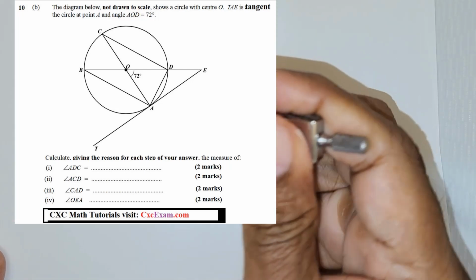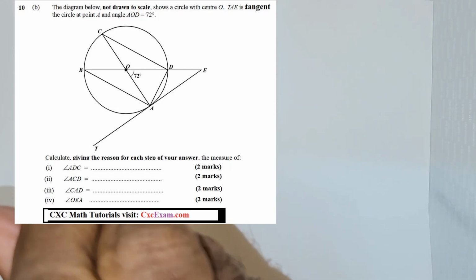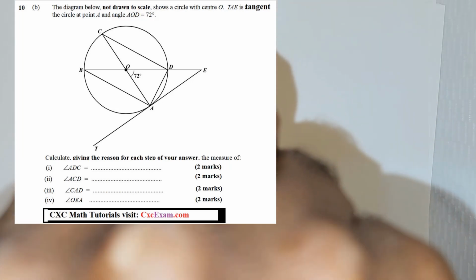Now this is the next question. Now we need to have a circle here. So let me draw the circle.